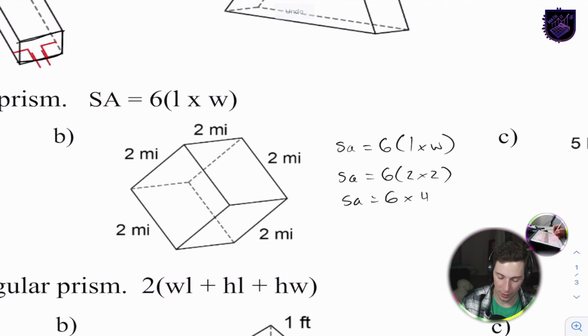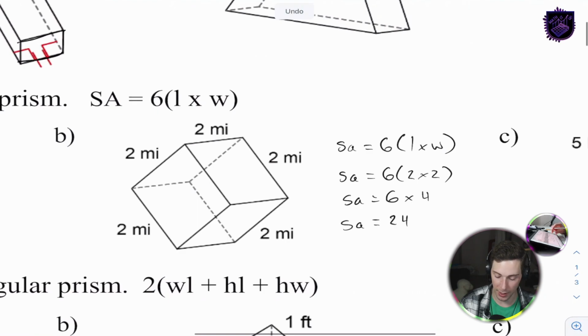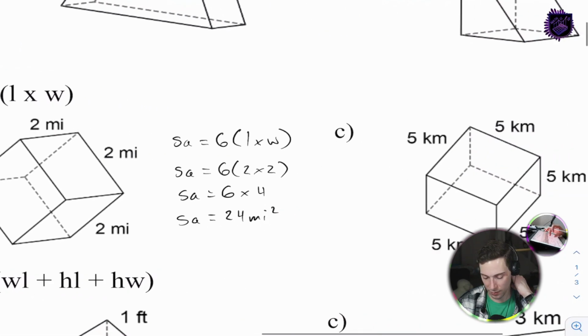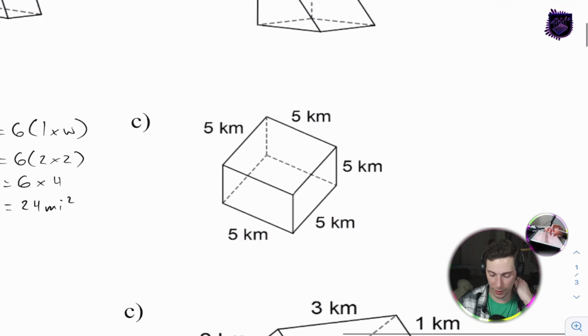And our surface area is going to be equal to 24 miles. It's not smiles, miles. That's the units of measurement squared. Each one of those is going to be 4, and then there's 6 sides. 24 miles squared.